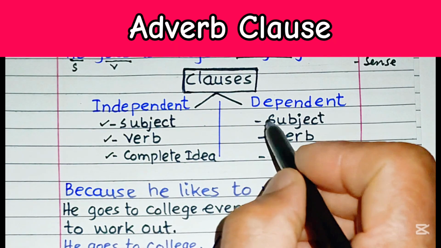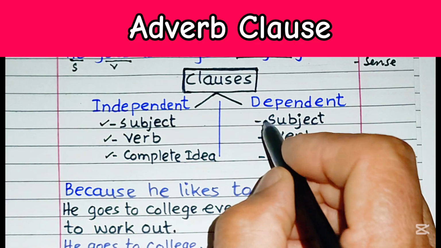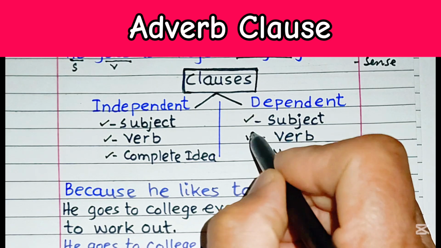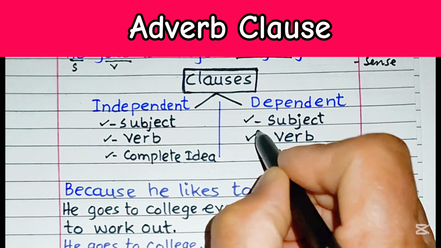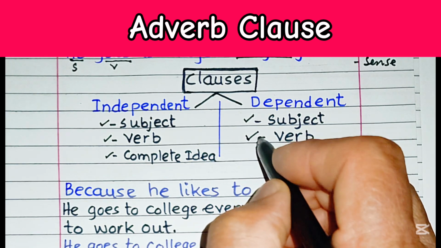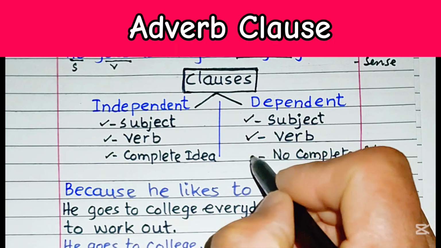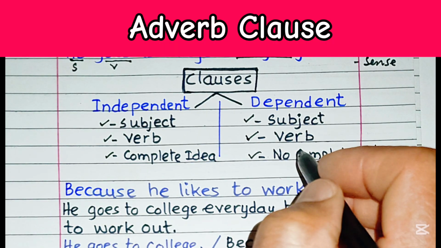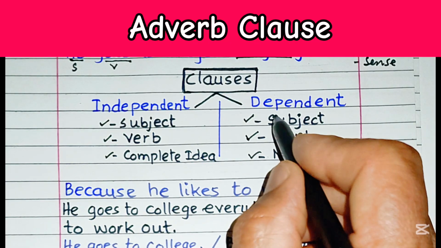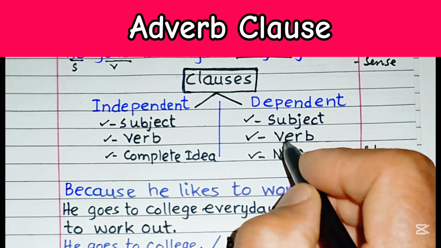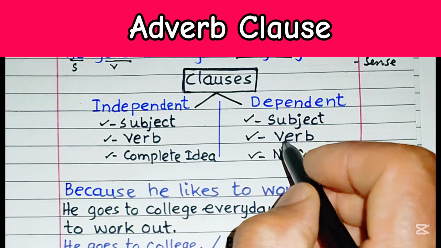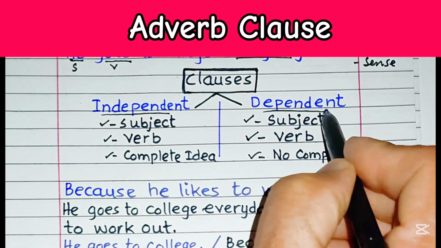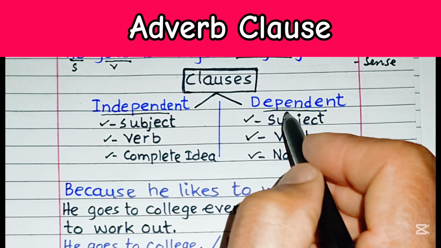And then there are clauses that have a subject and a verb, but they are not complete. No complete idea is given by them. Those two types are called independent and dependent respectively.